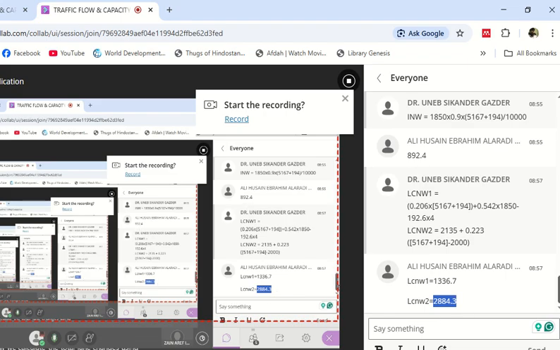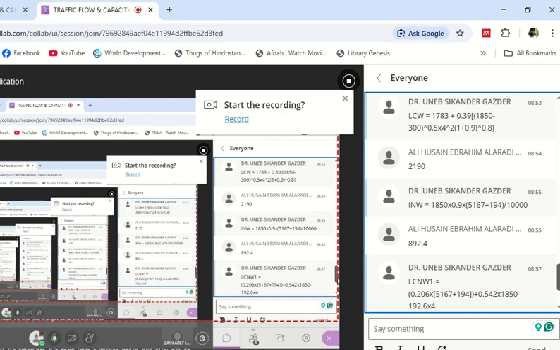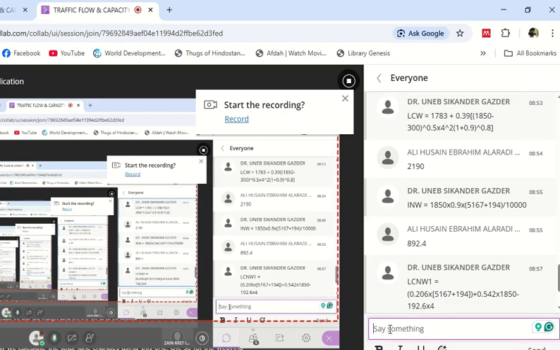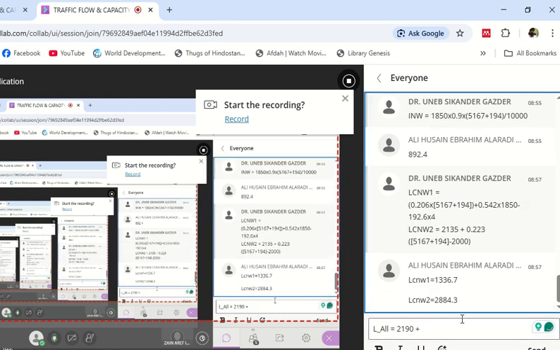So for the weaving people, the lane changes were 2190. Now we are calculating. So 2190 plus 2884.3.